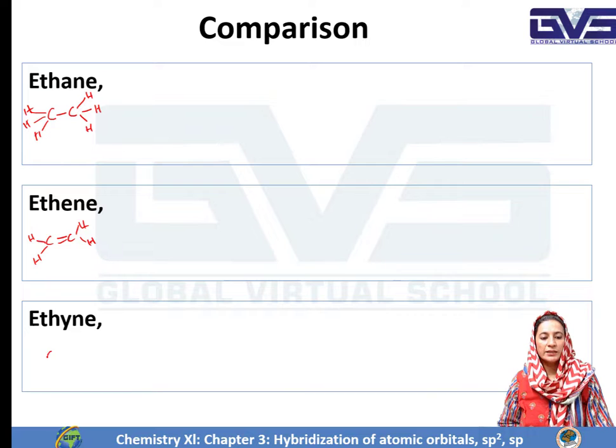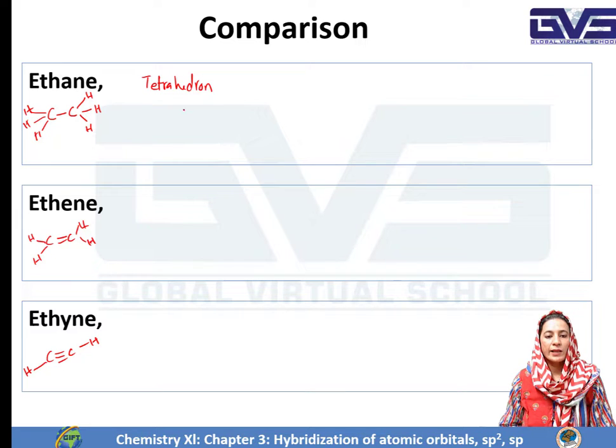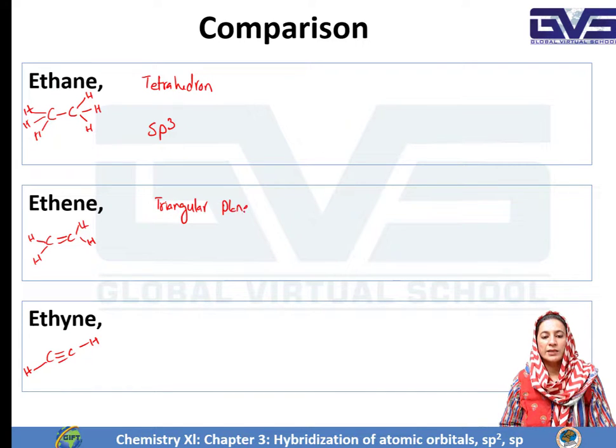And in ethyne, there is a triple bond between carbon, and each carbon has a bond with hydrogen. Ethane's shape is tetrahedral, and its hybridization is sp3, while ethene has shape triangular planar, and it has sp2 hybridization, while ethyne has linear shape and it has sp hybridization.